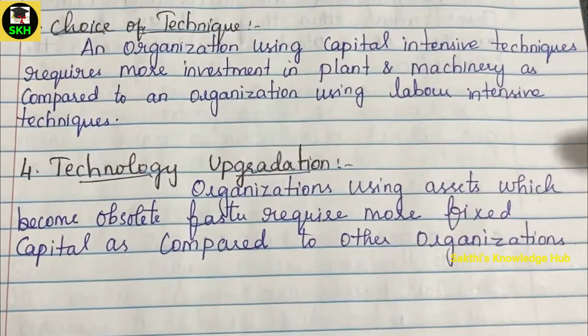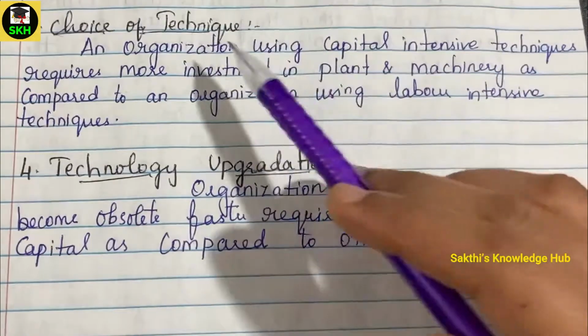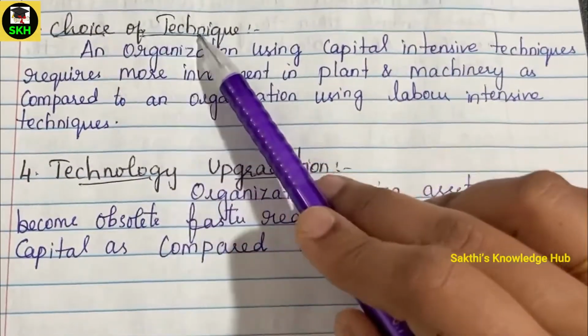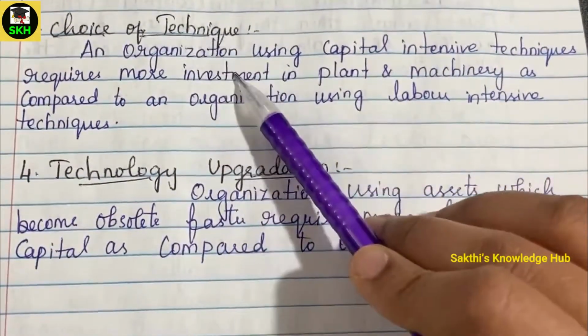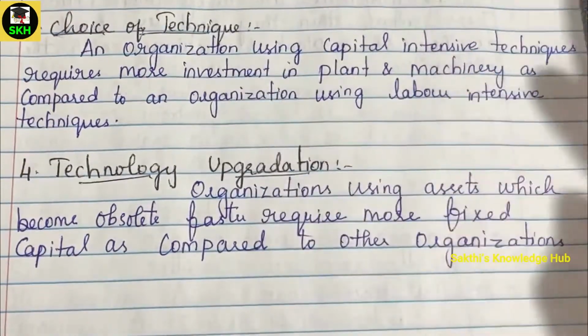Such an organization will require less capital, sometimes very little, as fixed investment. So this is also a factor. Choice of technique depends on the technique we are using in our business, and the fixed capital will be decided accordingly.